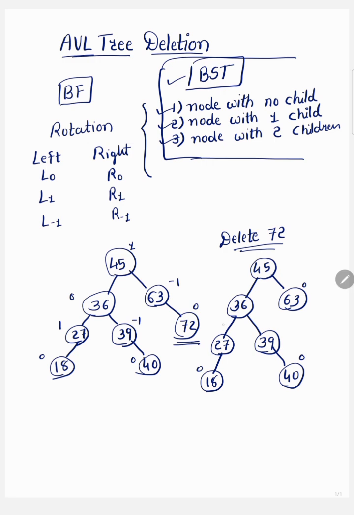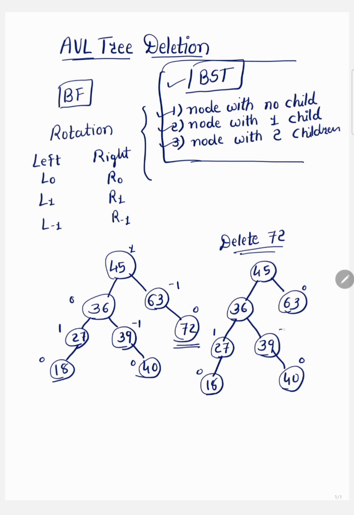For 63 it's a 0, for 18 it's a 0, 40 it's a 0, 27 it's a 1 minus 0, 1, 39 it's a 0 minus 1, that's a minus 1, 36 it's a 0, for 45 it's a 3 minus 1, that's a 2, and here is the problem, this 2. That means this 45 is my critical node, because now it is no longer my AVL tree.